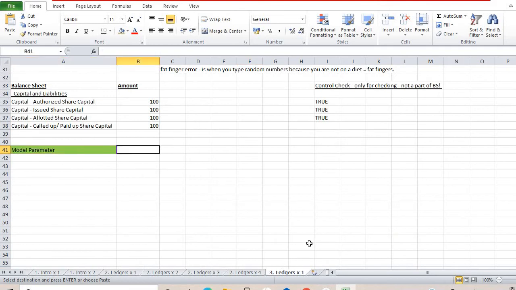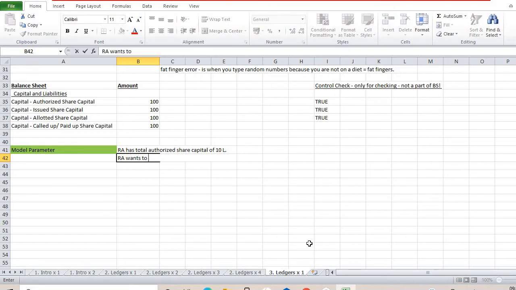So let us assume RA, that is Reliance Apparel, has total authorized share capital of 10 lakhs. Authorized share capital for Reliance Apparel is 10 lakhs. Now this is the larger financial modeling we are using, right? So authorized share capital is 10 lakhs.